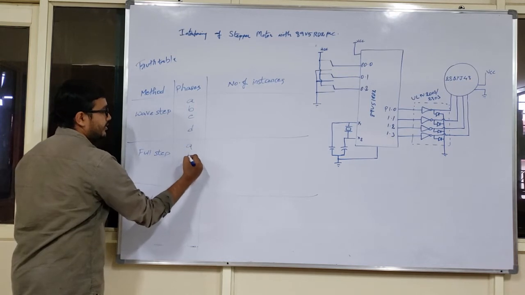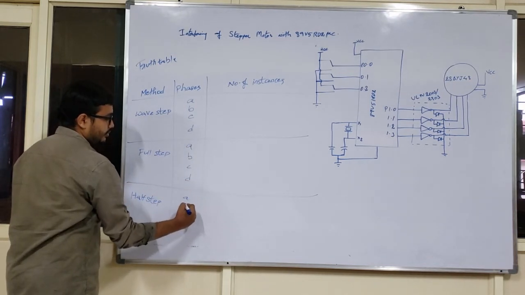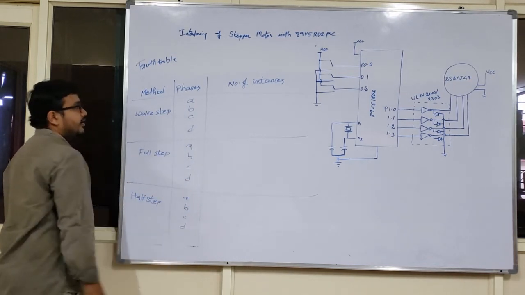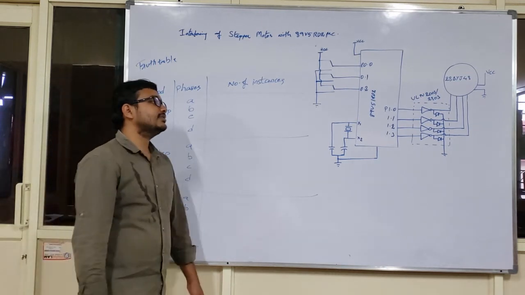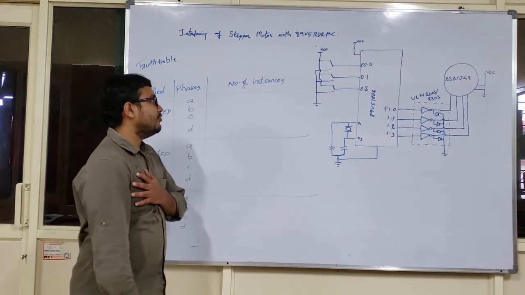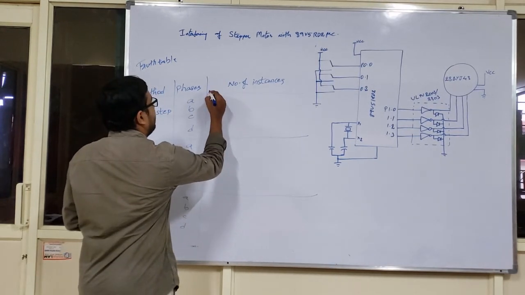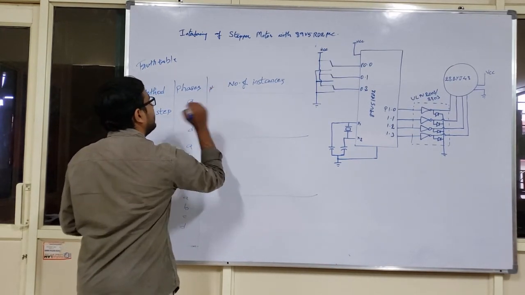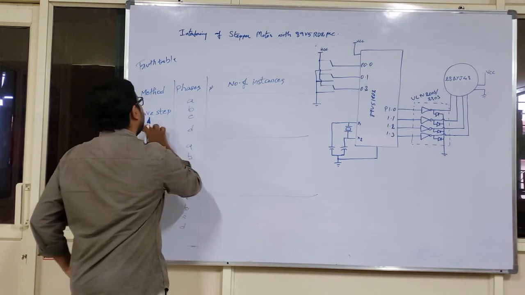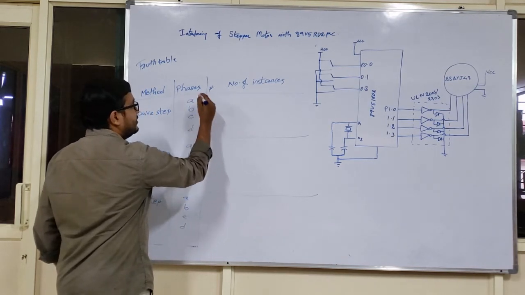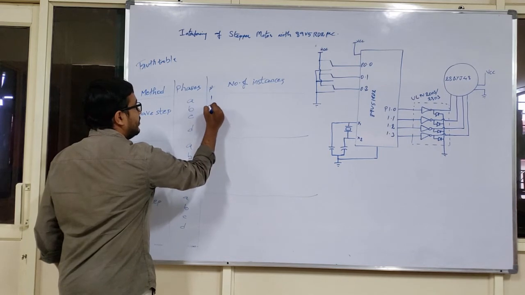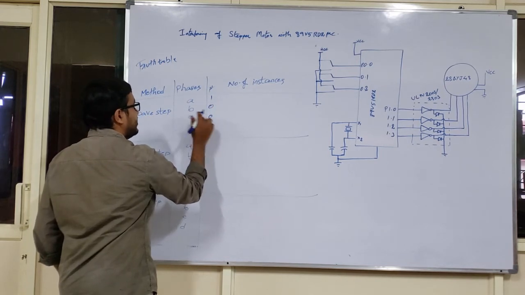How many phases are there for each and every excitation mode? A, B, C, D, A, B, C, D, A, B, C, D. I am assuming here the shaft is taking the direction of anti-clockwise rotation. Now, at the first pulse in the wave step, my shaft pointer is towards A, so 1, 0, 0, 0 will be the phases.